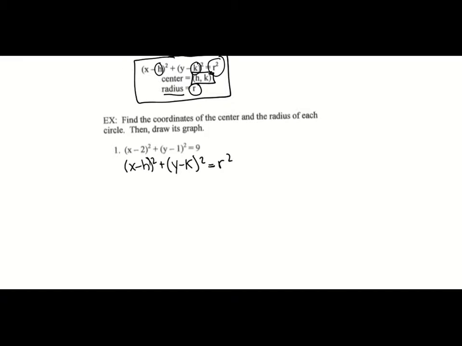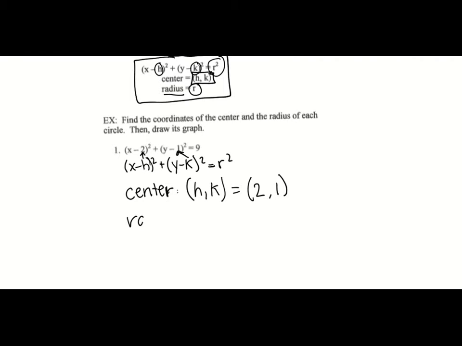So in number 1, if our h here is 2, that means our center point, since it's h comma k, is 2 where h is right here, and 1 where k is. So that's our center point.